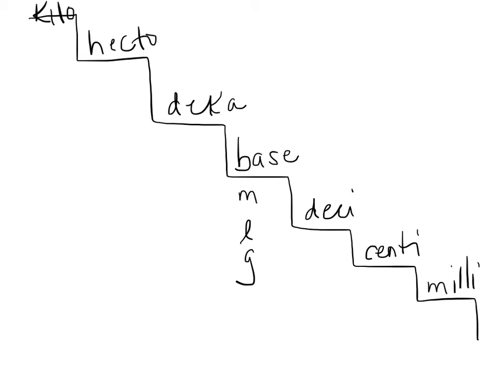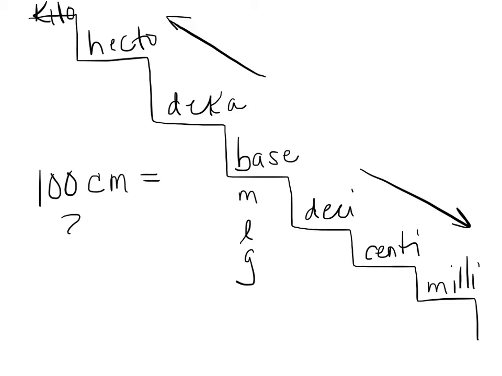Okay, so this is how we use it. Remember, this is smaller and this is bigger. So let's say I gave you a problem that said 100 centimeters equals how many meters?